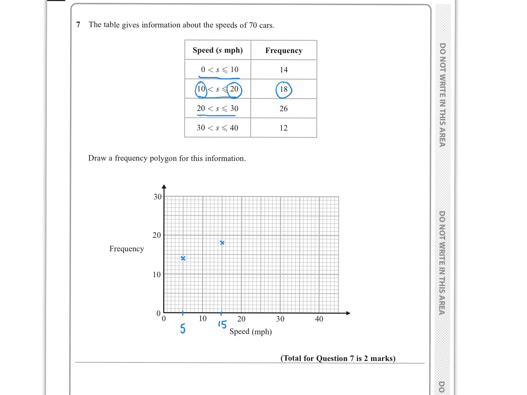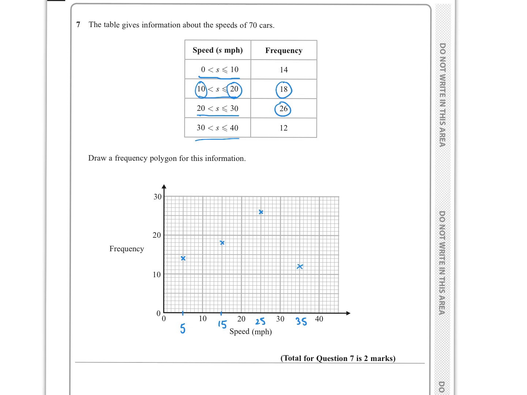And then between 20 and 30, well, that's going to be 25, and as high as 26. And then lastly 35 and as high as 12. I'll do that a bit better.